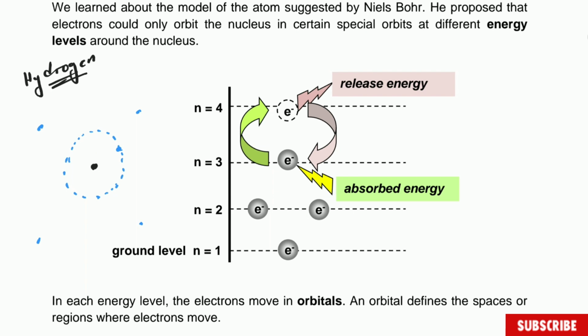So we don't really know exactly where that electron is going to be located. So for this, we came up with the idea that this electron is rather going to be in a region. That region is going to be called an orbital. So rather than orbits like planets, it's going to be in an orbital in which we know that electron is probably going to be.